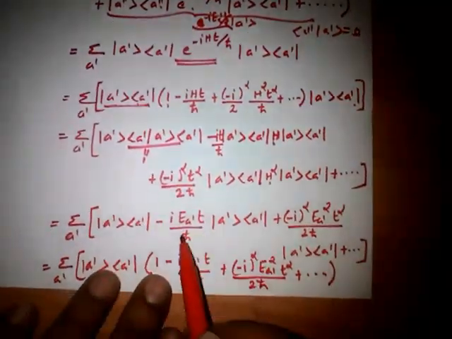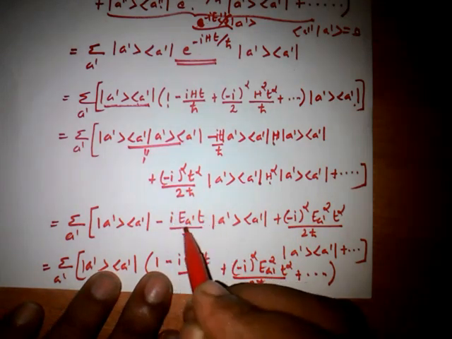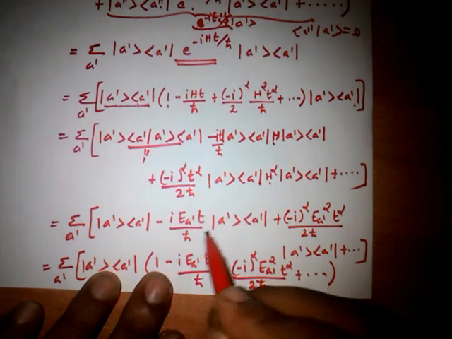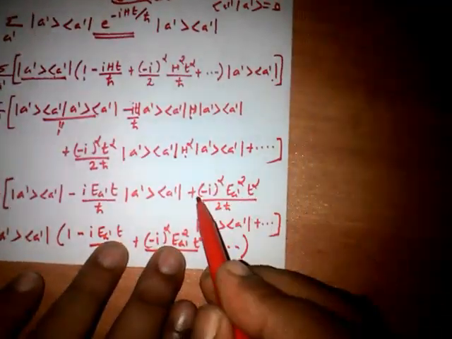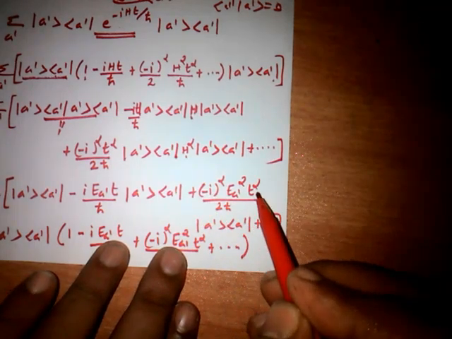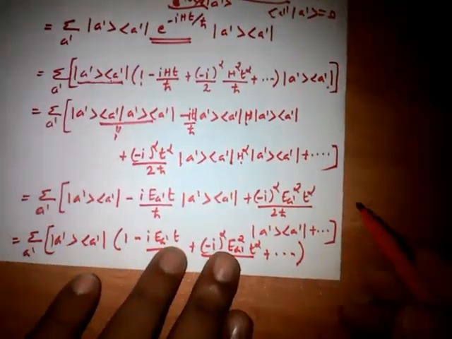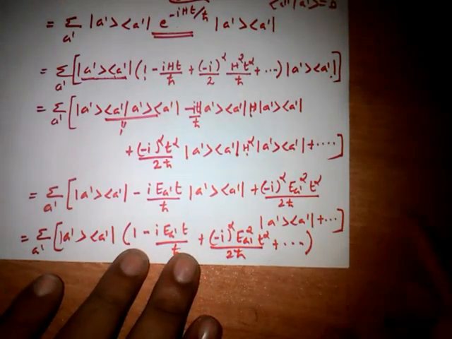So we can understand how this step came. So that is i E a dash t over h cross into the outer product of a dash, and similarly the next step, minus i squared divided by 2 h cross E a dash squared t squared, and into the outer product of a dash, plus etc.